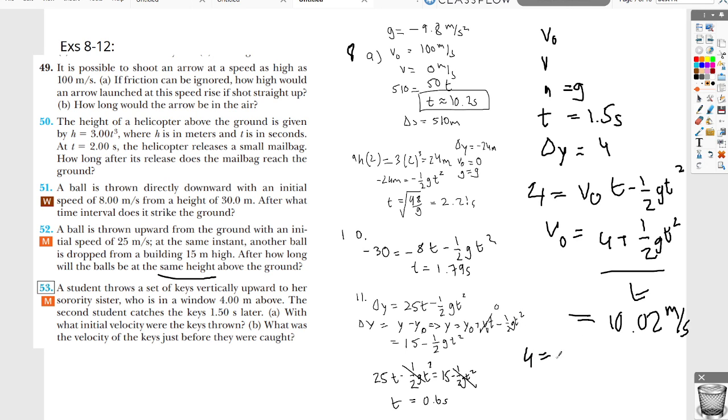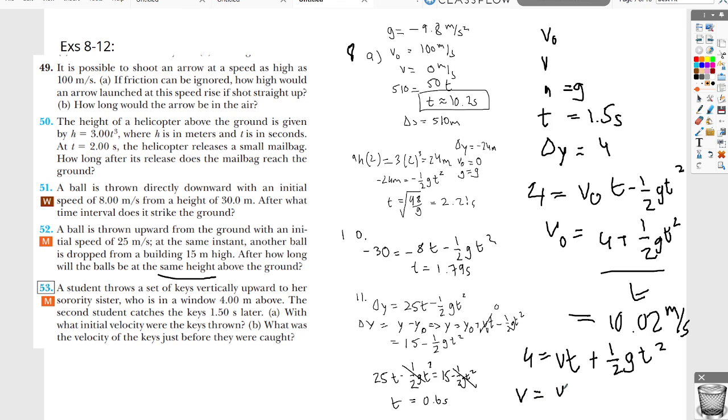And for v, we can use any of the equations, but we're just going to use our third equation. Minus a minus, because our g is going negative, and the 1 half gt squared term in our equation is negative, so minus a minus will give you positive gt squared.